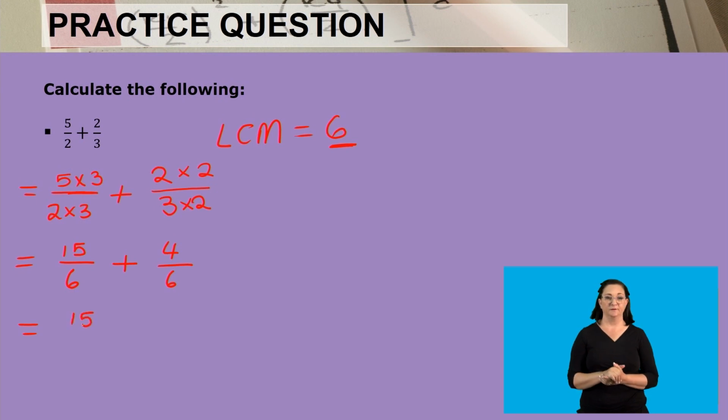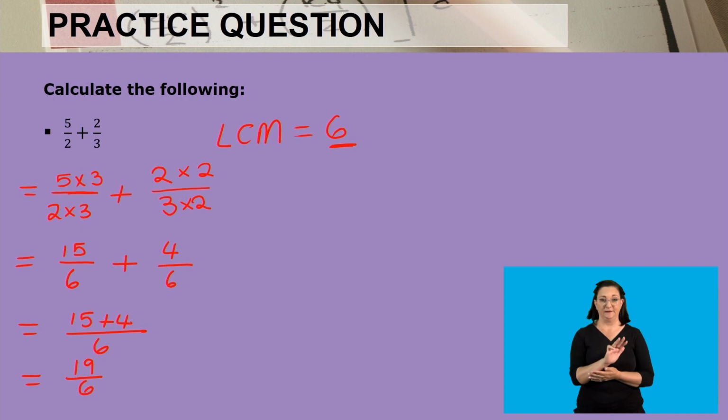We are going to add the numerators, and we are going to keep the denominator because we are working with sixths, and that is going to give us a total of 19/6, and that is 19 divided by 6. Do you remember what we call this type of fraction? This is an improper fraction. Do you remember why we call it an improper fraction? This is because the numerator is bigger than the denominator.